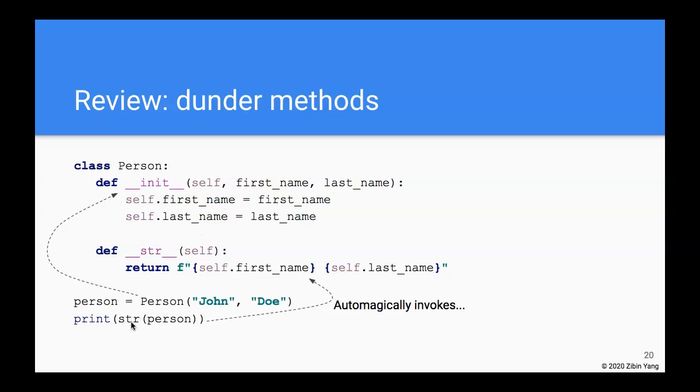And the same thing for the dunder str method, even though we did not explicitly invoke it here, when we want to print it, well, the str here is actually unnecessary. But anyway, when we need a string representation of the instance of Person, this dunder str method is automatically called.